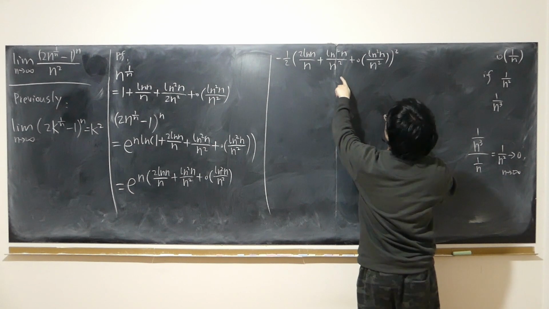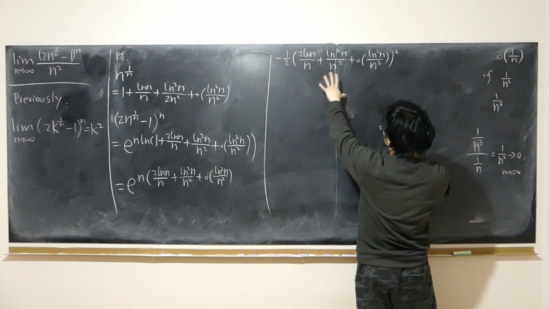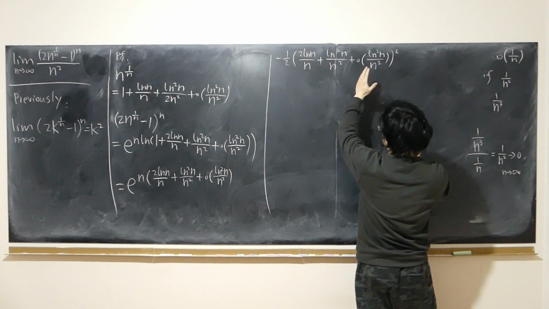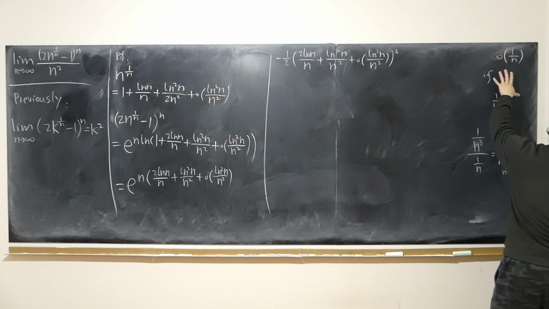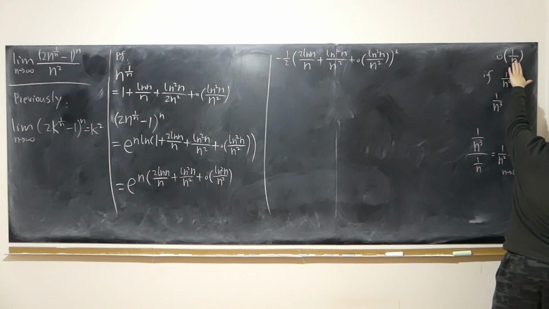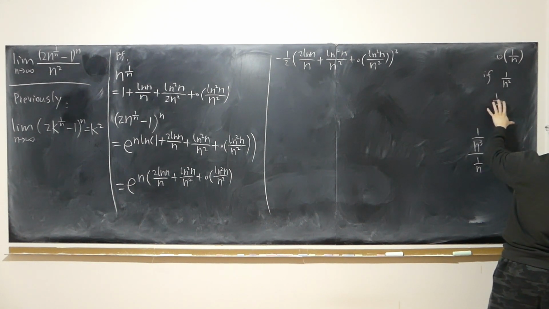So, in fact, we don't have to expand it all. All we have to do is to realize the meaning of little o. Like I said, as long as the sequence can approach faster than the inside, then we call it little o. For example, this little o, right?